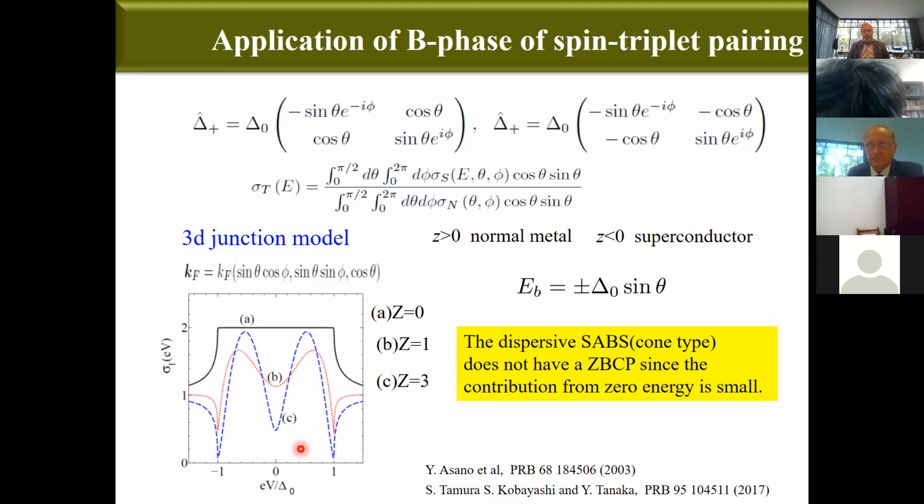Could you please repeat again? You mentioned that in the presence of spin orbit coupling, the shape of the pair potential changes. What do you want to say? I'm sorry, I cannot hear your voice well. Can you hear me? Sasha, can you hear my voice? One moment.